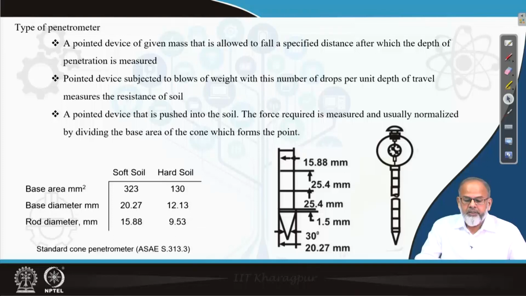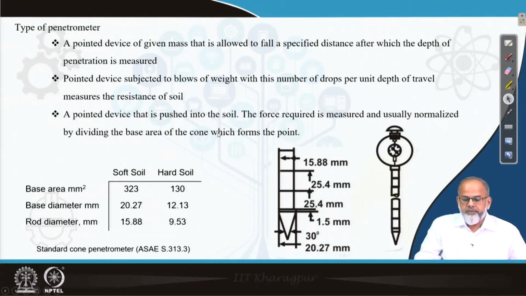One is where the pointed device is to be dropped from a certain height. The other one is where the pointed device is kept vertically on the soil, then a mass of known weight is dropped onto it, and the number of drops required to cause unit of penetration is recorded.